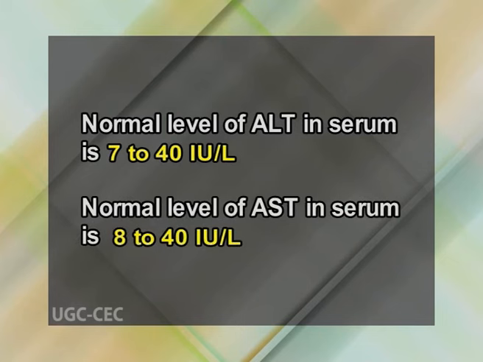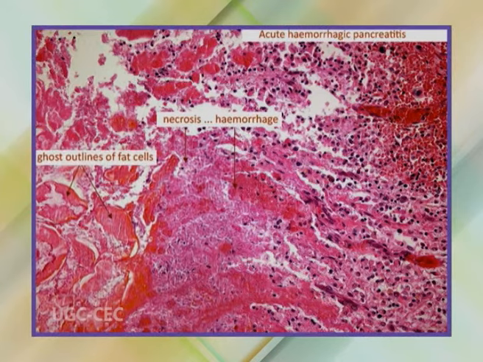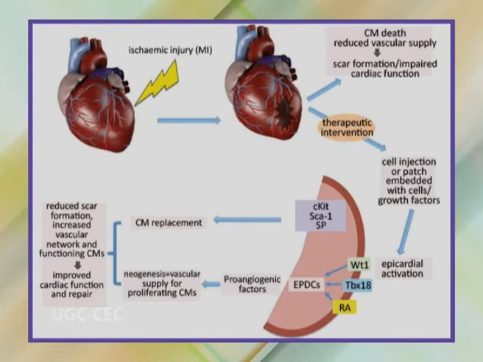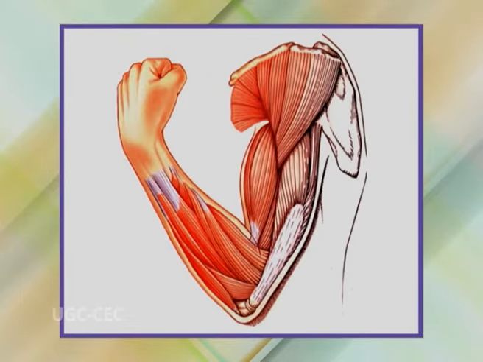The normal level of AST in serum is 8 to 40 units per liter. An increase in AST or ALT levels hints at an insult to the liver parenchyma tissue. ALT is a more specific marker of hepatic injury than AST, as AST elevation is also seen in cardiac tissue injury, hemolysis and muscle tissues.